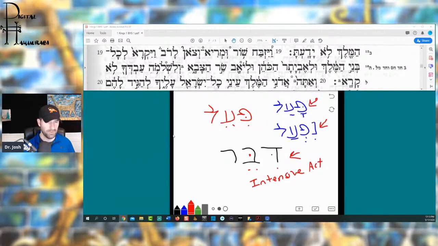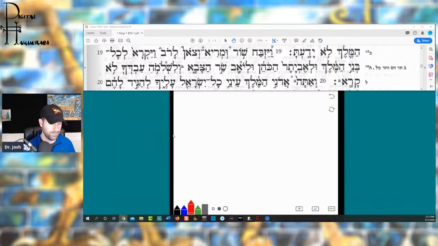So, for example, if shavar means to break something, then shiber would be like to smash it. It's the intensive form of the pa'al.